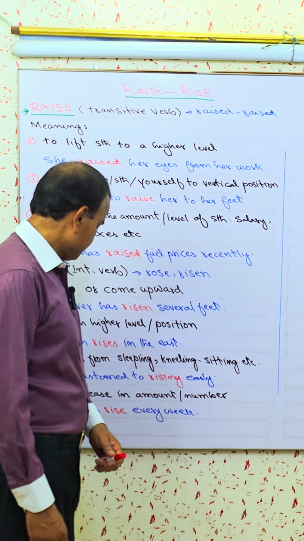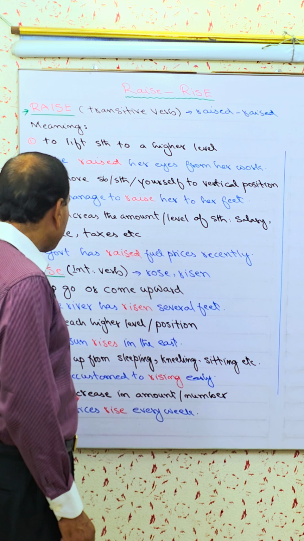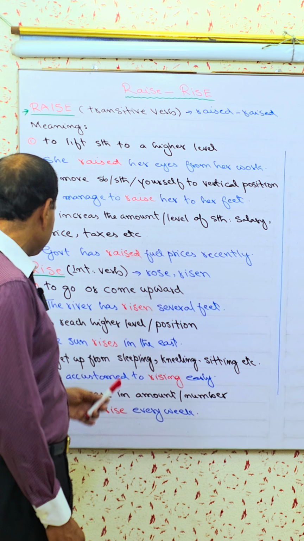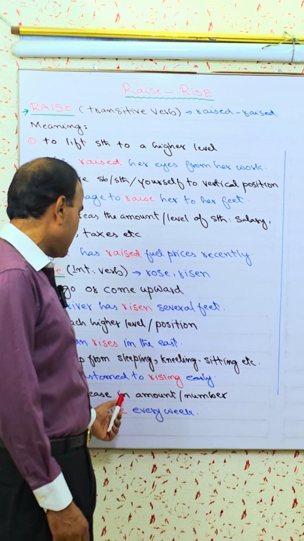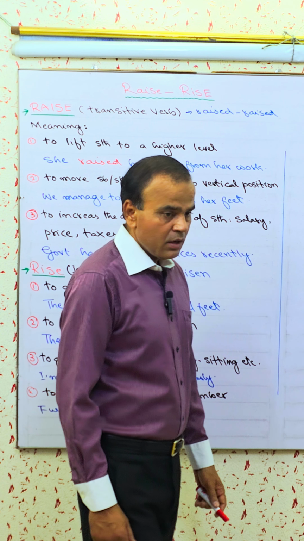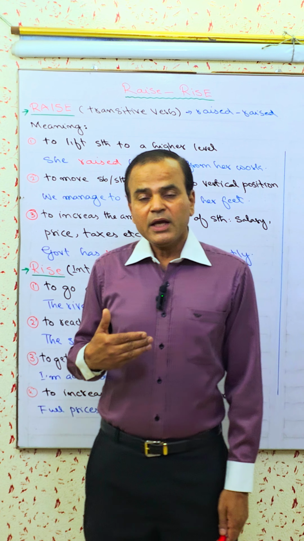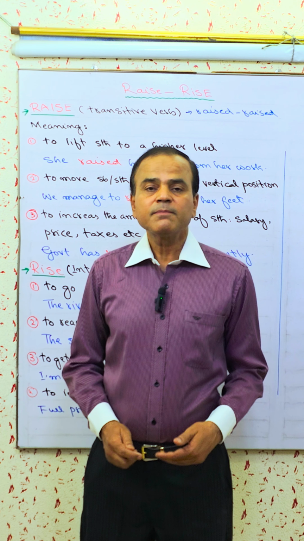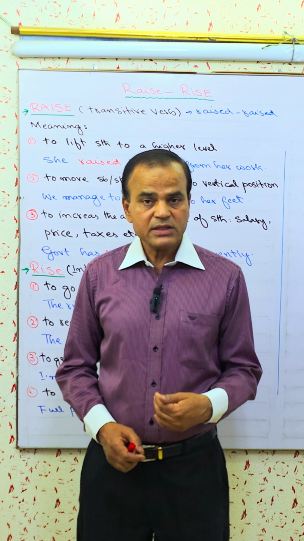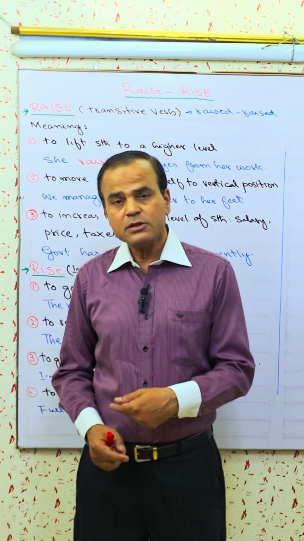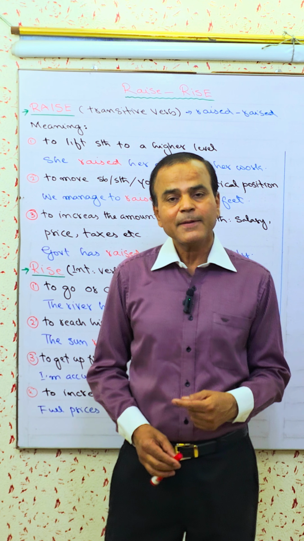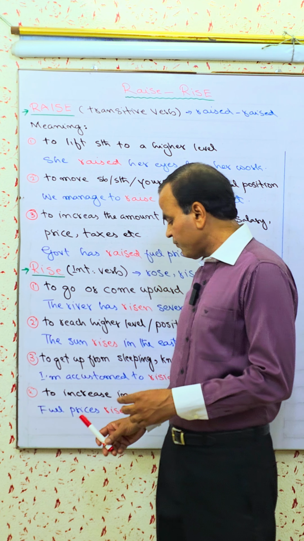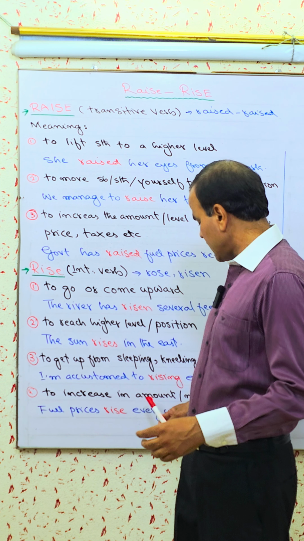Then the fourth meaning of the verb rise is to increase in amount or number. Here increase is used intransitively because the verb increase is used as both transitive and intransitive. Like the fuel prices rise every week.